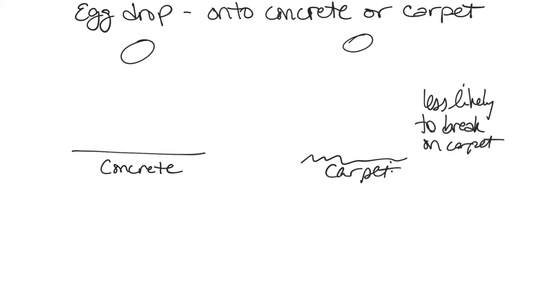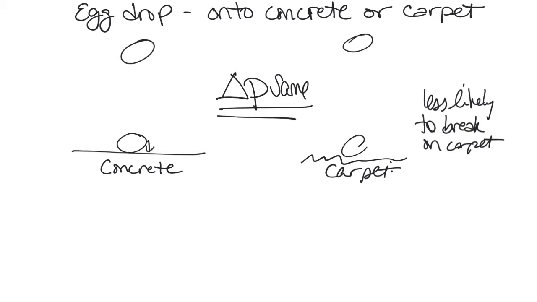In both cases, they're going to experience the same change in momentum, because the egg has a certain speed when it comes down and hits the concrete or the carpet. So the delta p is the same.